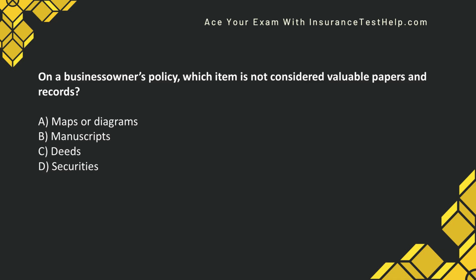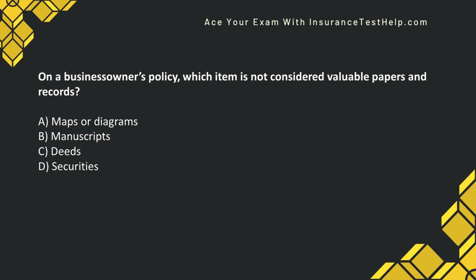Jumping around a little bit because your exam is going to jump around a little bit. On a business owner's policy, which item is not considered valuable papers and records? A. Maps and diagrams. B. Manuscripts. C. Deeds. Or D. Securities. Remember, this is a business owner's policy.